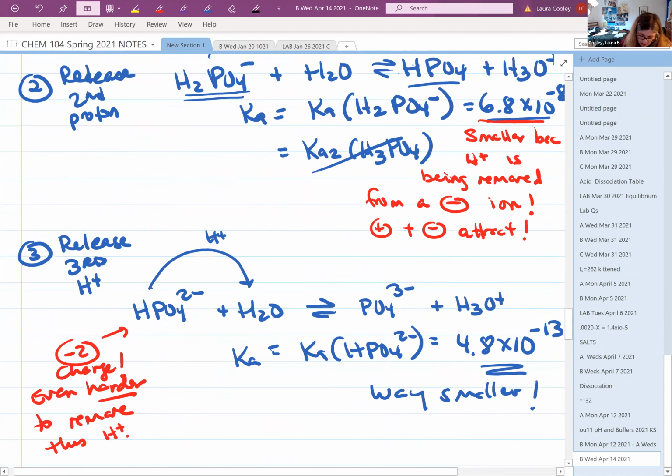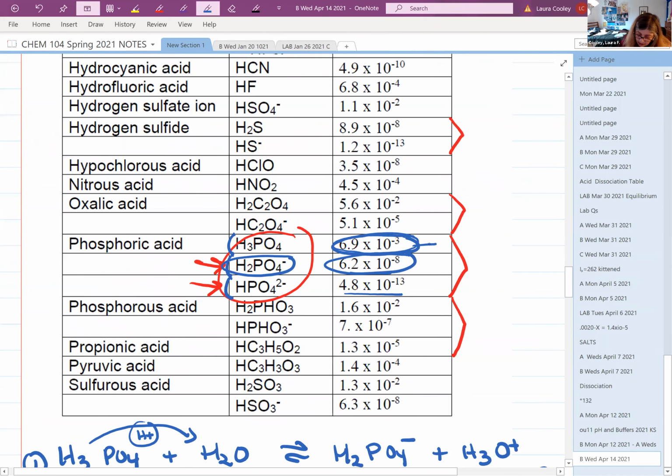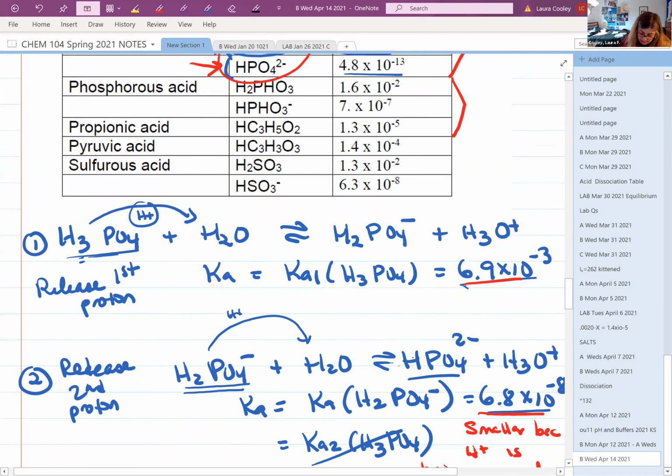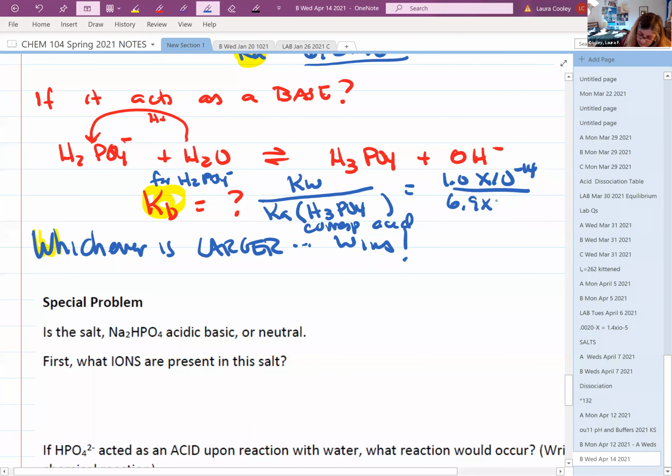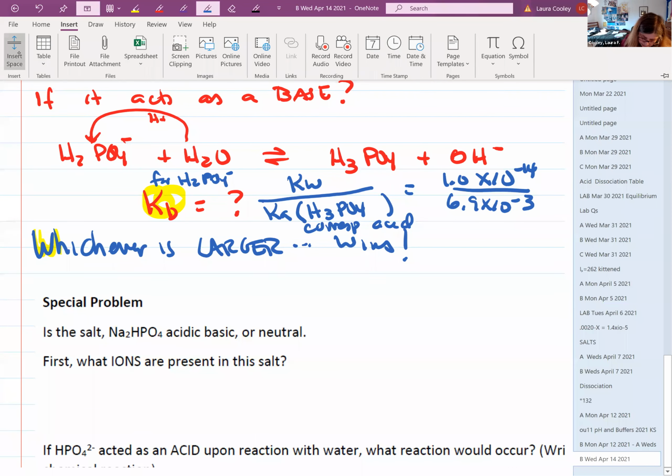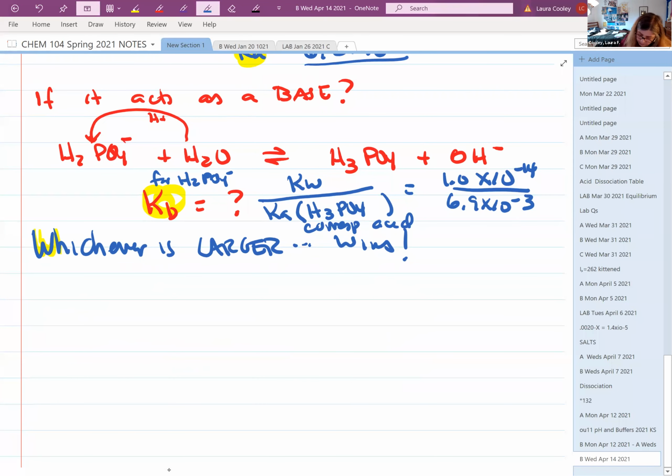If we look it up on the chart, it's 6.9 times 10 to the negative 3. This is going to be a pretty weak conjugate base. So this turns out to be 1.4 times 10 to the negative 12.